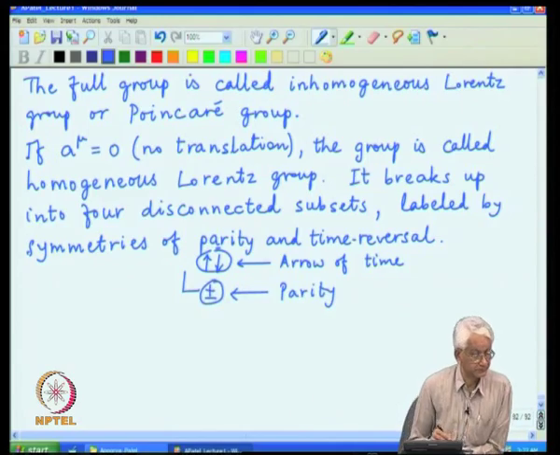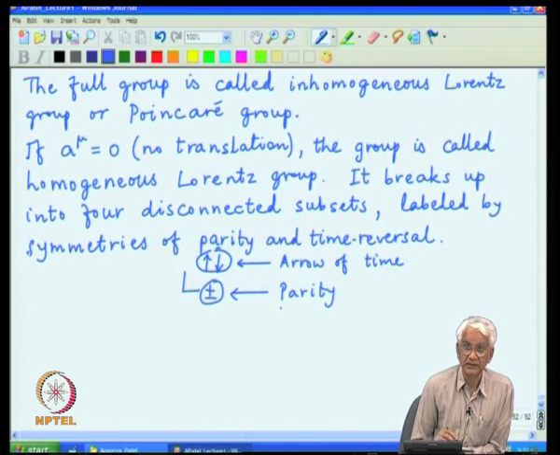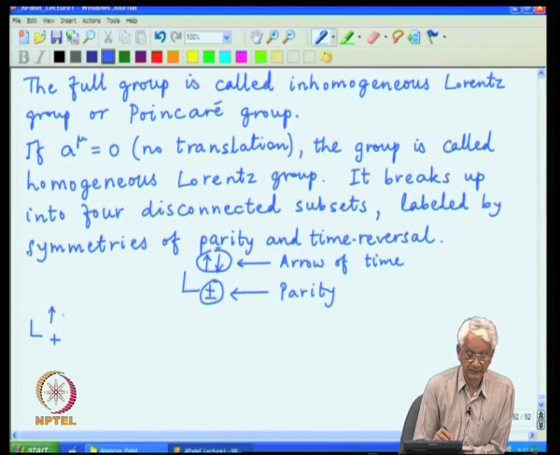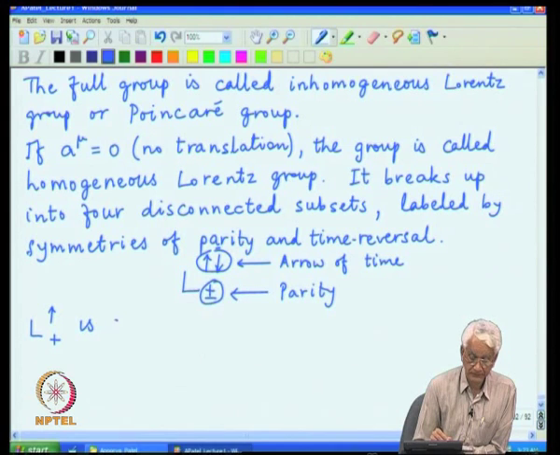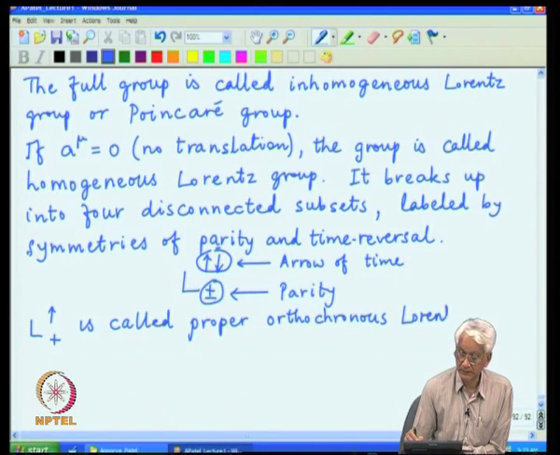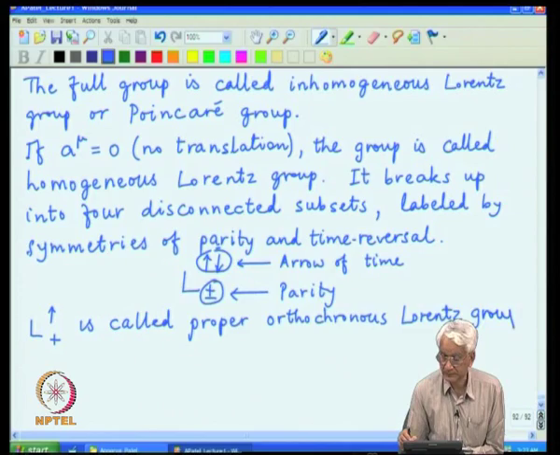And the particular sector on which we are going to focus is denoted by L, forward in time, and plus in parity, and that has been given the name proper orthochronous Lorentz group.